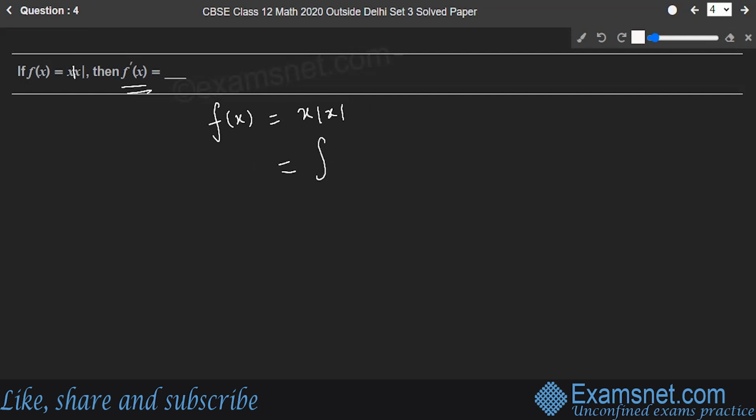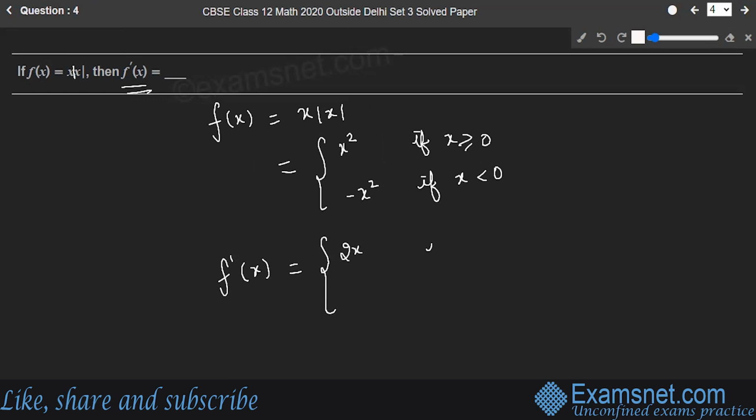Now, this can have two values. This will be equal to positive x squared if x is greater than or equal to 0, and this will be negative x squared if x is less than 0. So the derivative of it will be positive 2x if x is greater than or equal to 0, and negative 2x if x is less than 0. That's it. This is the answer to the question.